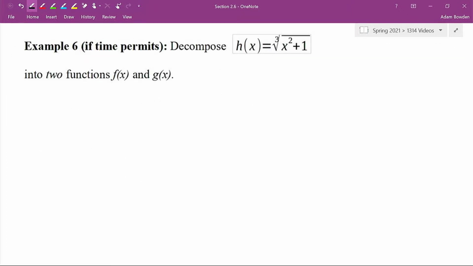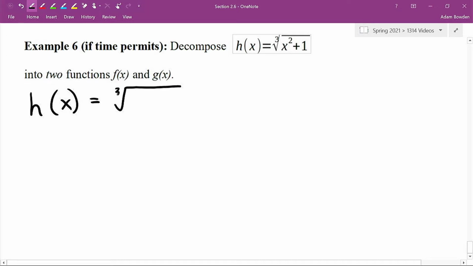This last one here says decompose the function h of x equal to cube root of x squared plus 1 into two functions, f of x and g of x. Okay, so what this means is we can take our h of x function and break it down into two functions that, when composed together with one inside the other, is still the same function.